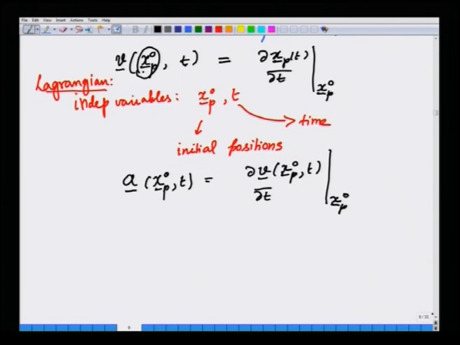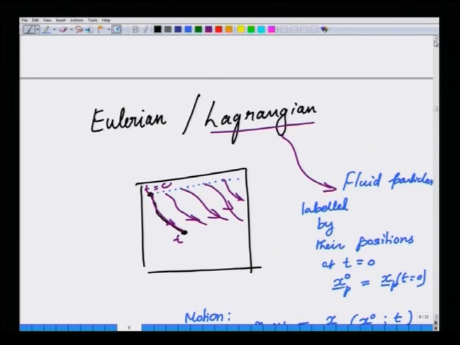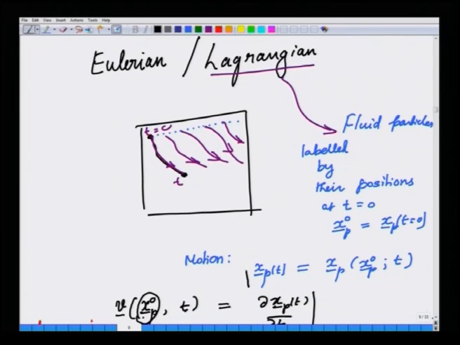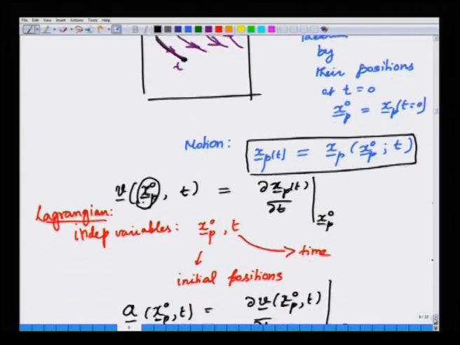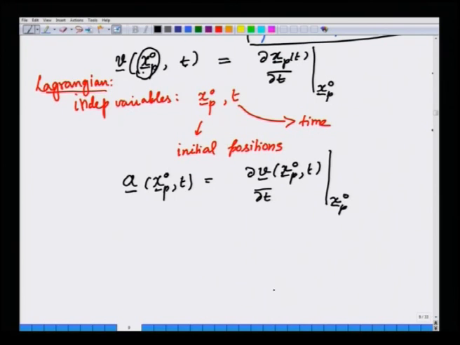Once you have the trajectory of the motion as described by this equation, one can compute kinematic quantities like velocities and accelerations. One can also extend this to other fields such as the temperature of a fluid particle at a later time. Imagine the particle was here at time t equal to 0 and it is moving at a later time here.